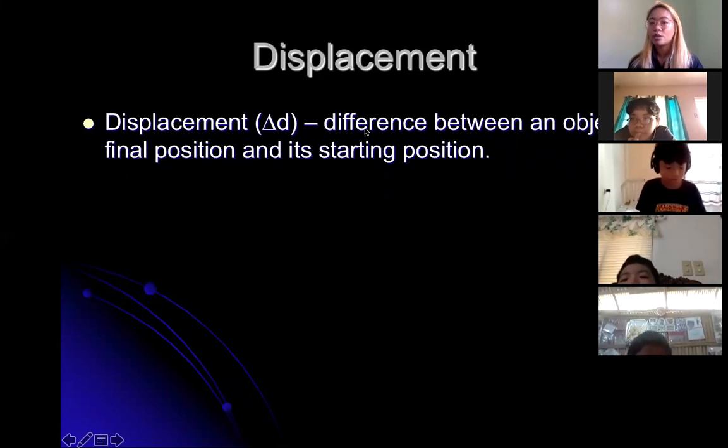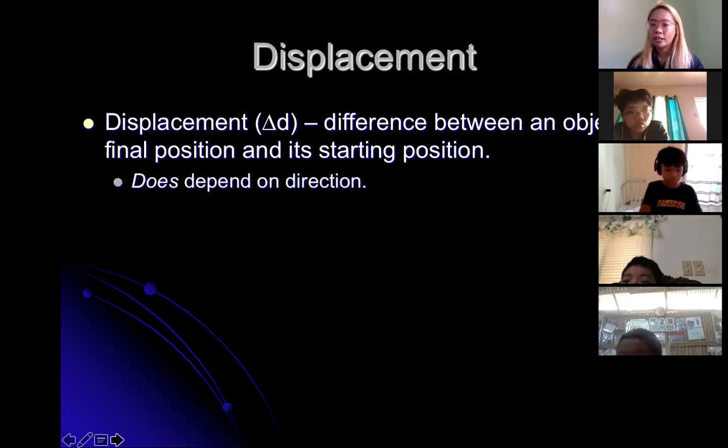So we are now starting to subtract. And what are we going to subtract? We're going to subtract the starting position from the final position. Okay? Kanina, di ba, nag-a-add lang tayo. So you have to remember that by definition, displacement is the difference between the final and the starting position.